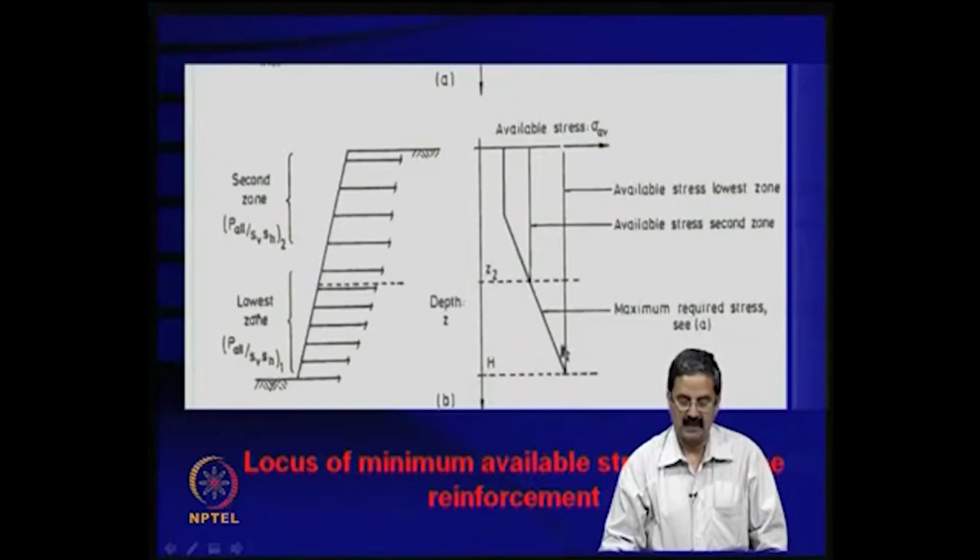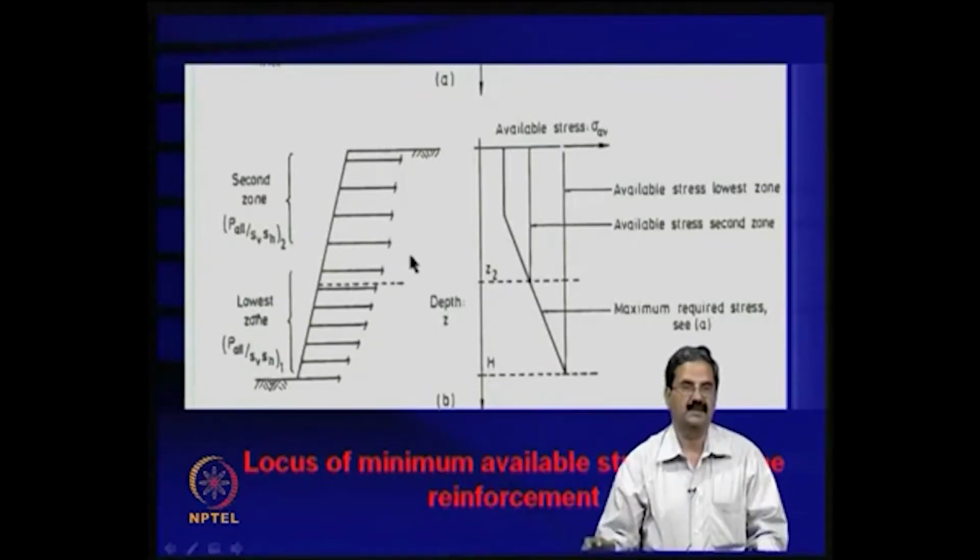And sometimes our objective is to place reinforcement, okay. So, you place reinforcement like this and you try to calculate. See, there are two zones here. In fact, one way is that you calculate and put a single type of reinforcement, which is like this, the lowest zone.